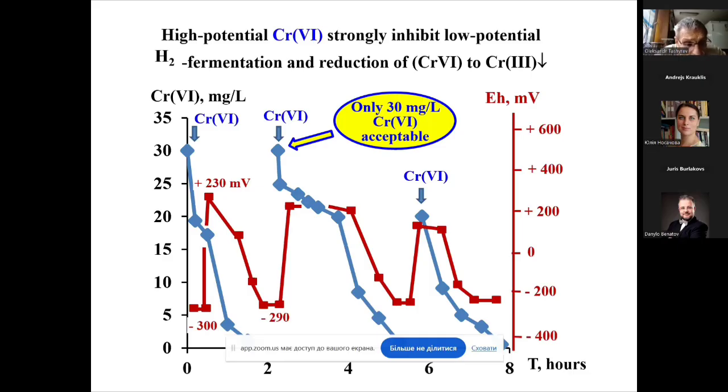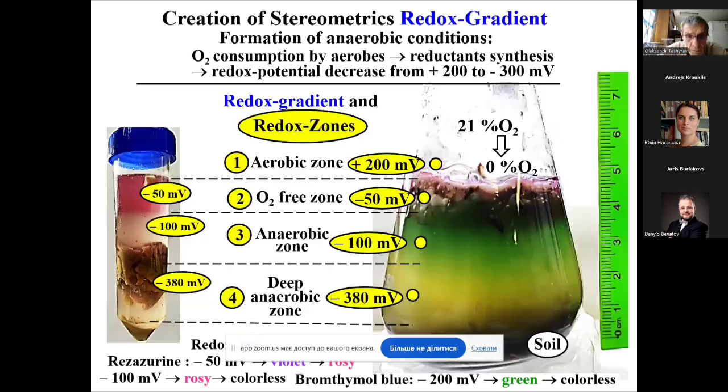And it is obvious that this leads to the blocking of metabolism of obligate anaerobic bacteria. In our installation, the maximal suitable concentration of chromium 6 compounds was not more than 25 ppm.